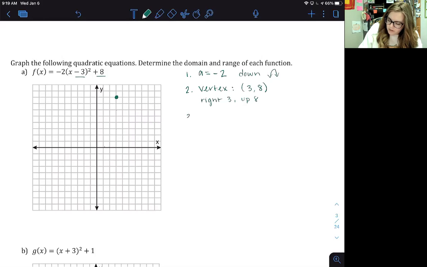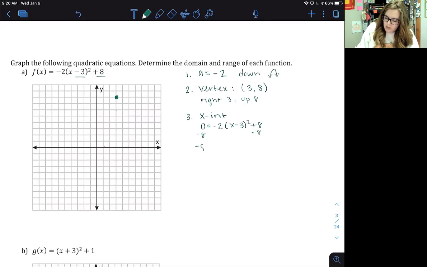All right, now we're going to find our x-intercepts. So we're going to set this equal to 0 and solve. So first thing we're going to do is we're going to subtract this 8 to the other side. So negative 8 equals negative 2 times the quantity x minus 3 squared. Divide by negative 2 on both sides.